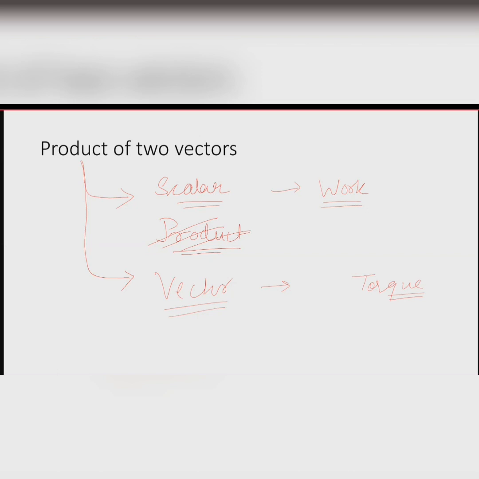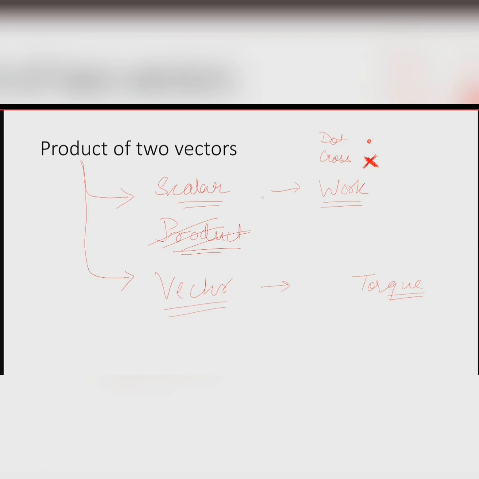Now, when we are saying multiplying two vectors, we are actually talking about some operators. Those two operators are dot, because it is like a dot, and cross. Accordingly, if the operator used is dot, we call it a dot product.